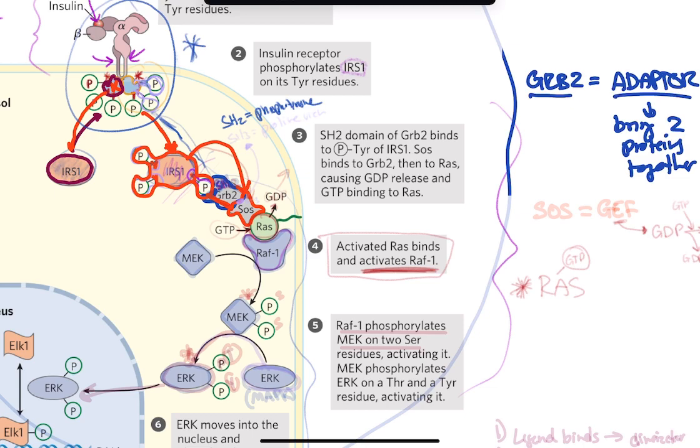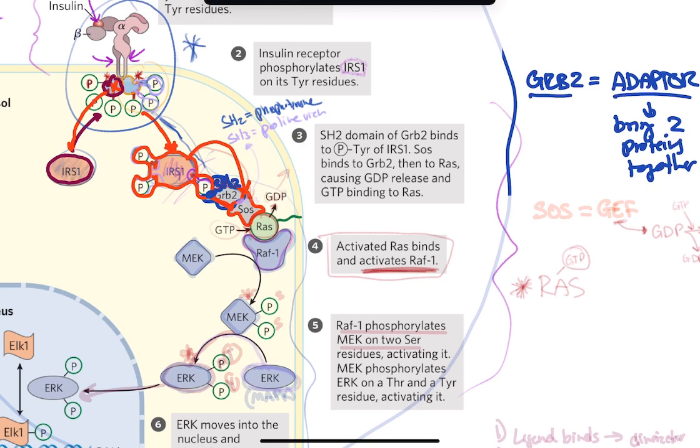In addition to that SH2 binding domain, here's our SH2 binding domain over here, connecting the phosphotyrosines to the GRB2, it also has an SH3 domain. Who can tell me what the SH3 domain does? SH2 is phosphotyrosine binding. SH3 is going to bind to our proline-rich regions.